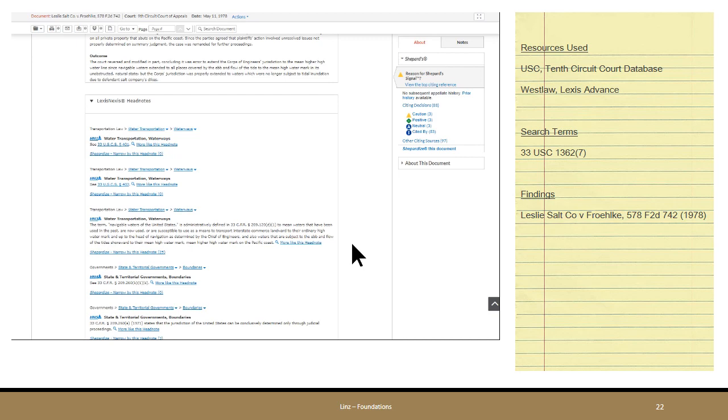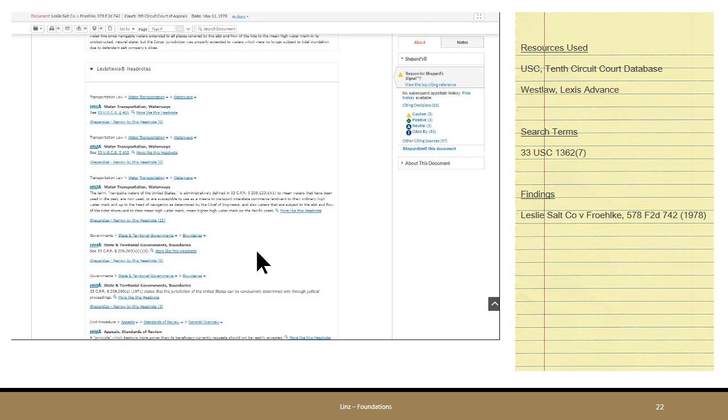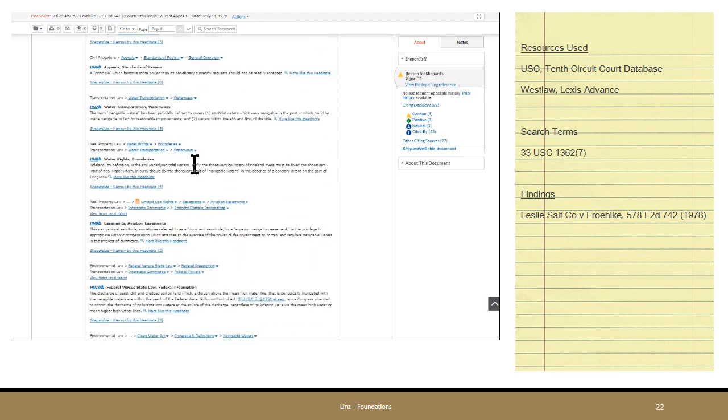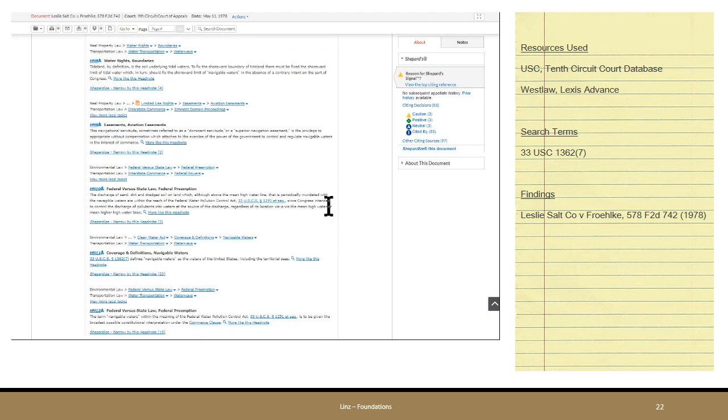So again, the idea of the headnotes is that the editors have linked together all the cases that are related to this particular area of law, and we see what they are: transportation law, water transportation waterways, water transportation waterways again, governments, civil procedure, transportation law, real property law, easements, aviation easements.